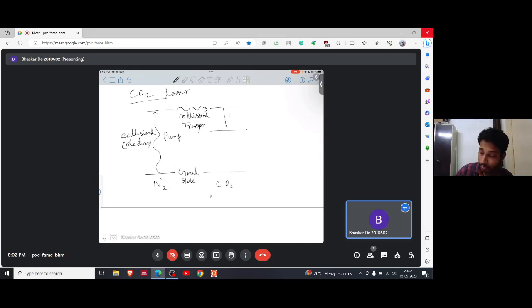Then we have the lasing action, that is the 10.6 micrometer laser, and then there is a fast radiative decay. So these are the transfer across processes.